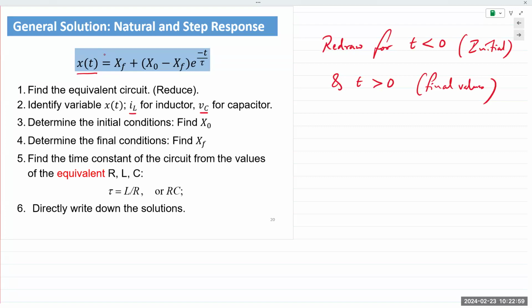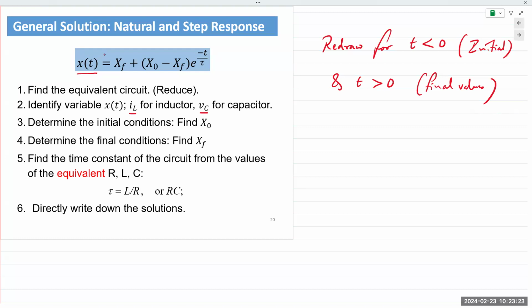For t less than 0, you get the initial conditions, because initial is when time t equals 0. This is the moment in time when you begin your analysis. So you have 2 circuit diagrams, and because of the switching, the circuit diagrams are different. t less than 0 gives you initial conditions, and t greater than 0 gives you final conditions.